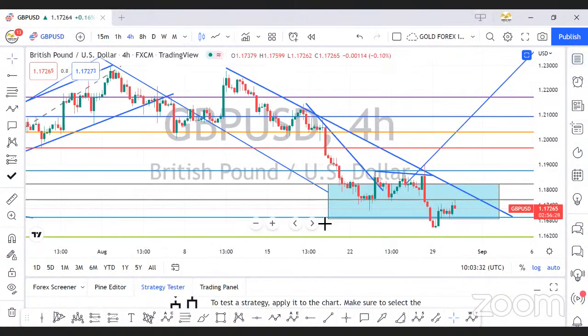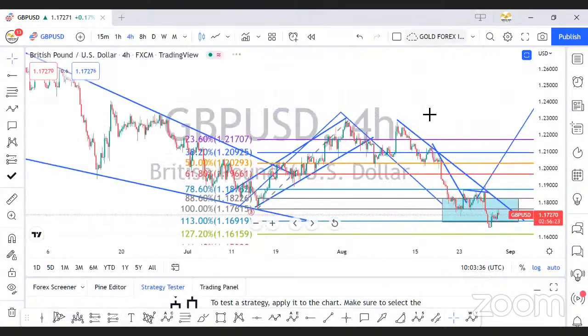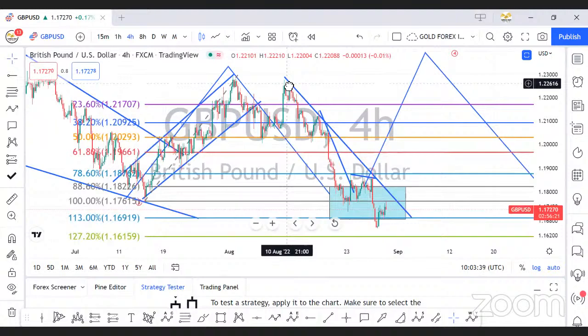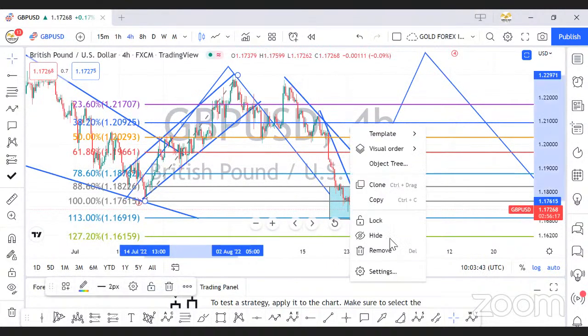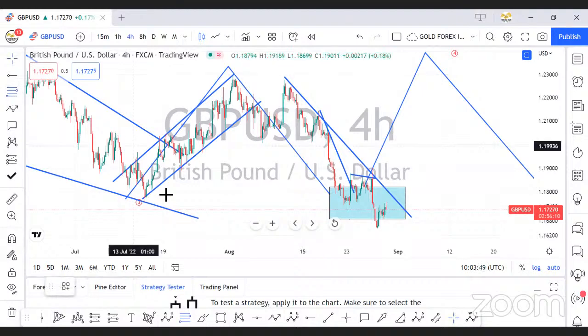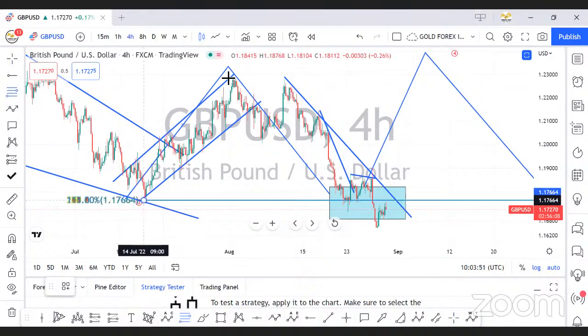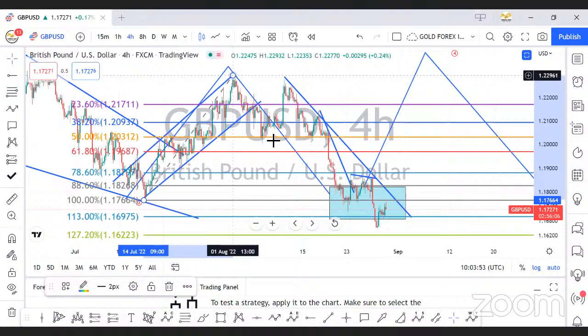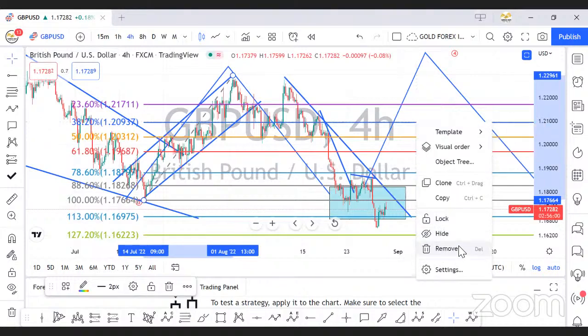for pound USD, I'm still expecting the correction after the completion of, you can see just like the DX or the Japanese index. Now, when you check over here, this one completed the alternative bat pattern. So 50, it got to 113. So alternative bat pattern done and dusted.